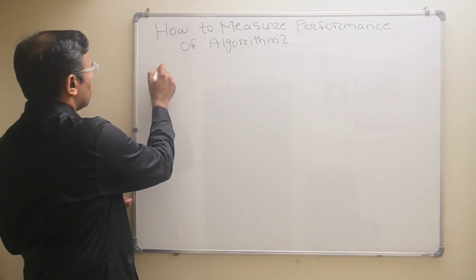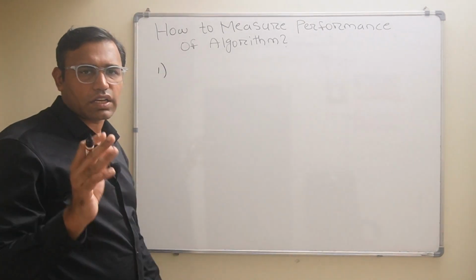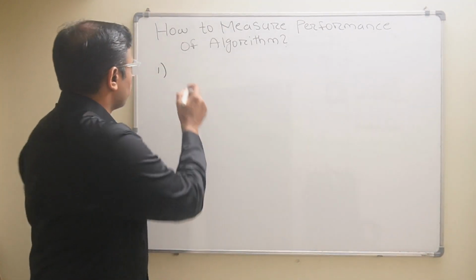There are actually three types of time complexity.